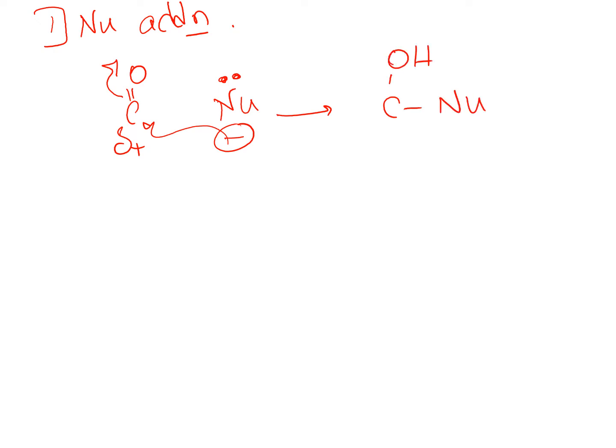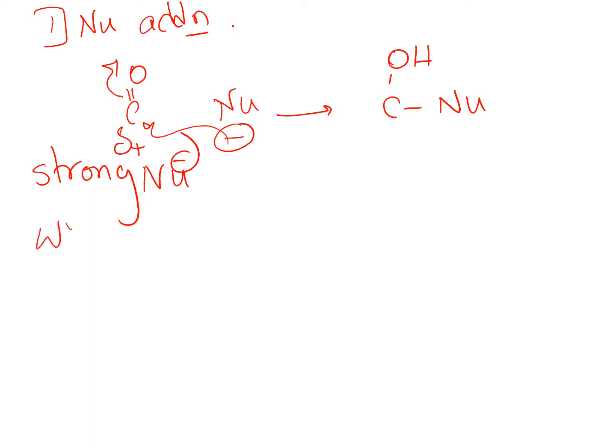carbon of the carbonyl. What I have just drawn is the reaction mechanism of a strong nucleophile. In case of strong nucleophiles, and these are compounds that are carrying a full negative charge, you will have a direct attack immediately from the nucleophile to the carbonyl carbon, which is carrying a partial positive charge.